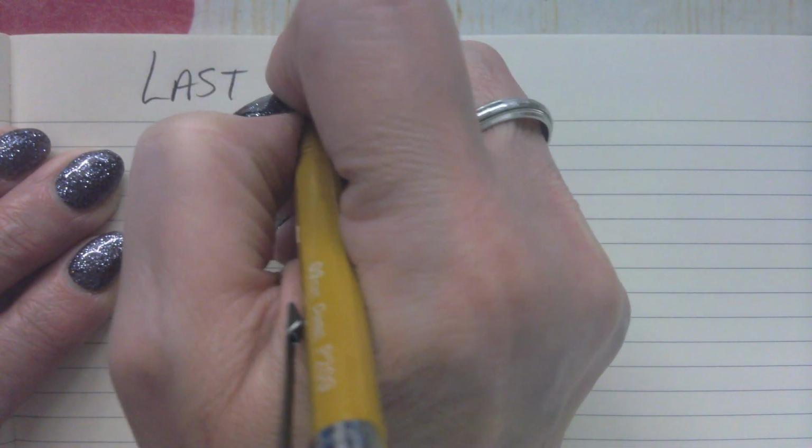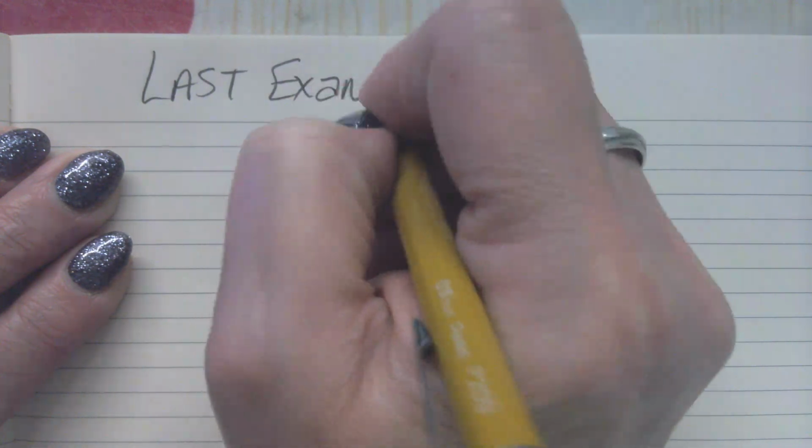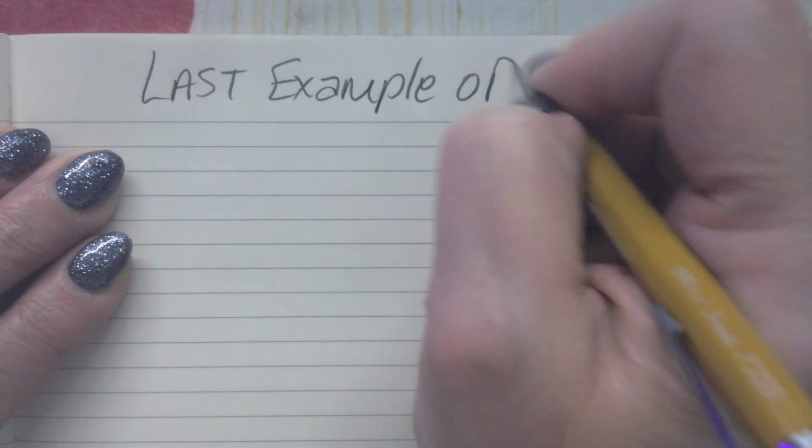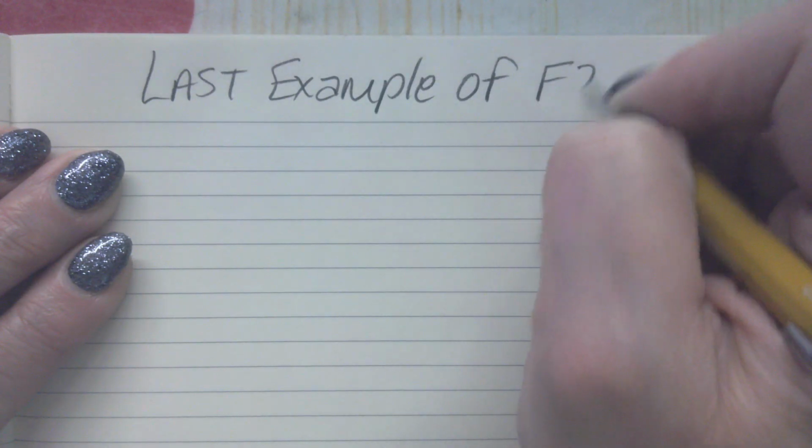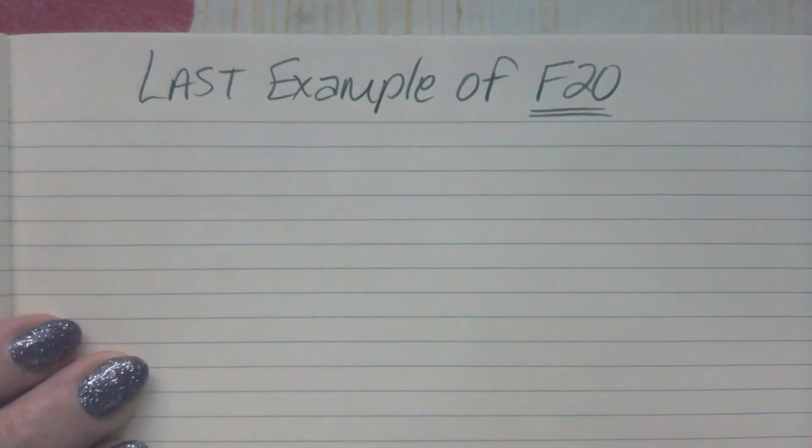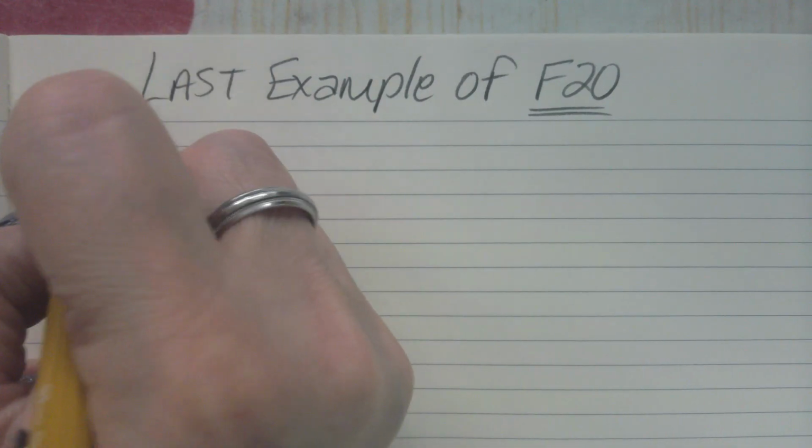Okay, here's the combination. Last question. Let's even write it out. Last example. Foundations 20. There we go. All right, here's number 3.